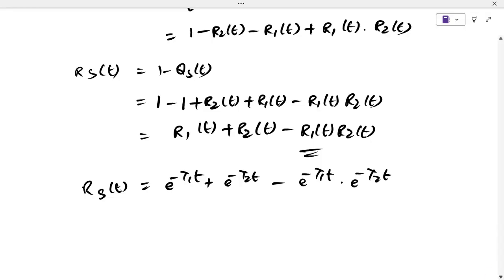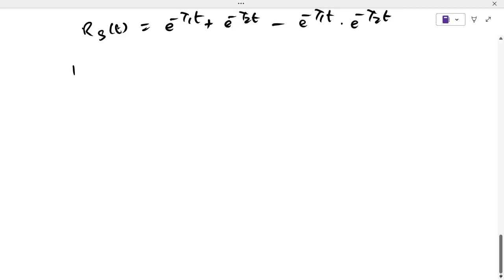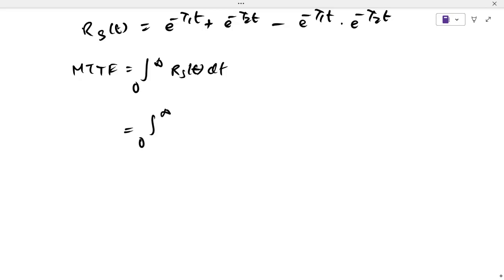Now the reliability measure, mean time to failure, is equal to integral 0 to infinity Rs of t dt, that is equal to integral 0 to infinity of e power minus lambda 1 t plus e power minus lambda 2 t minus e power minus lambda 1 t into e power minus lambda 2 t, into dt.